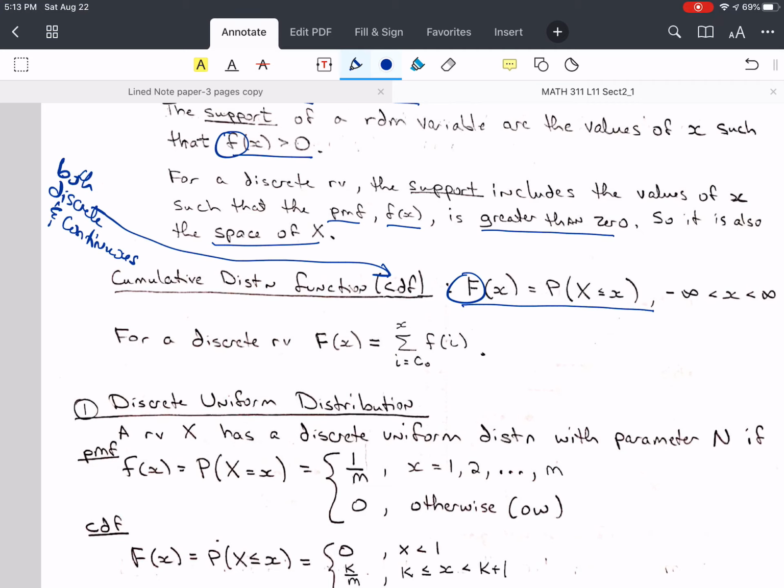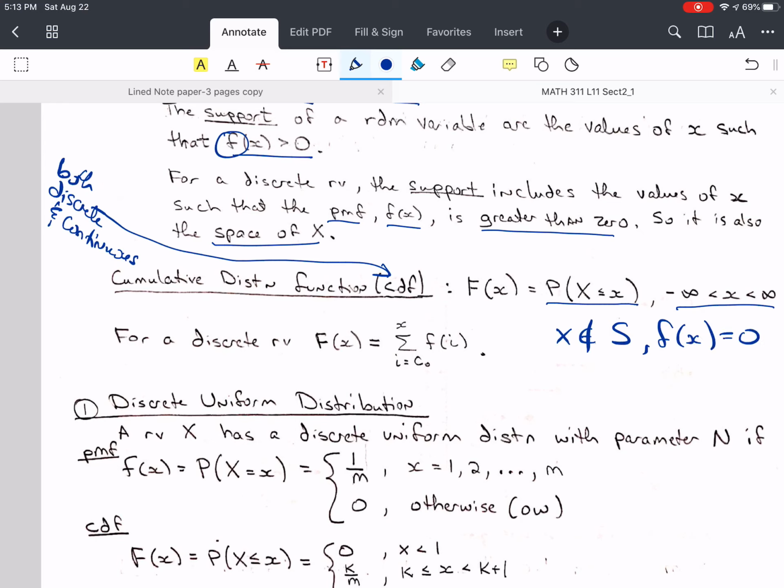Capital F of x is the probability that X is less than or equal to little x. And we usually write this for x between negative infinity and positive infinity, but remember that when x is not in S, f of x equals 0.